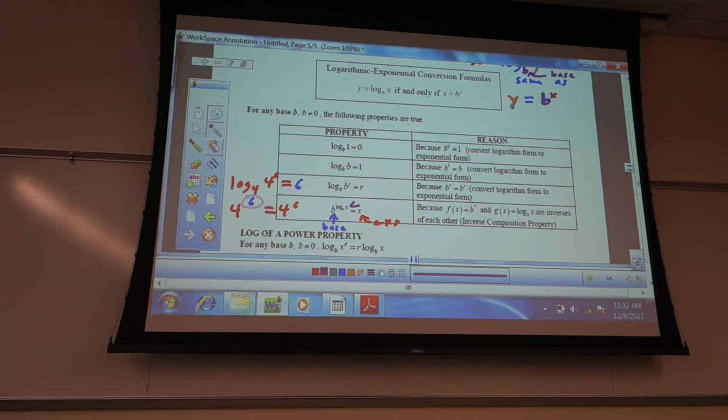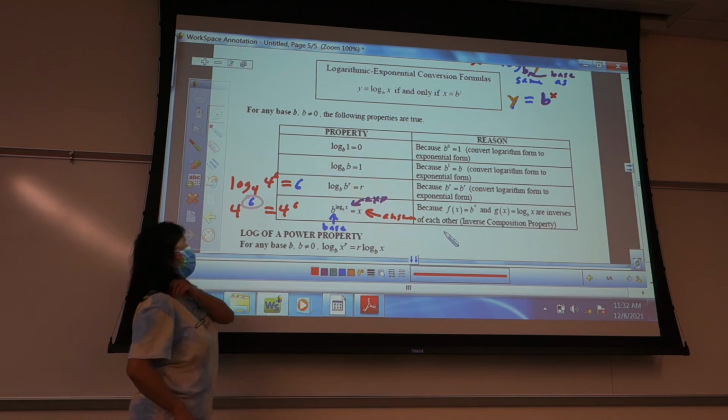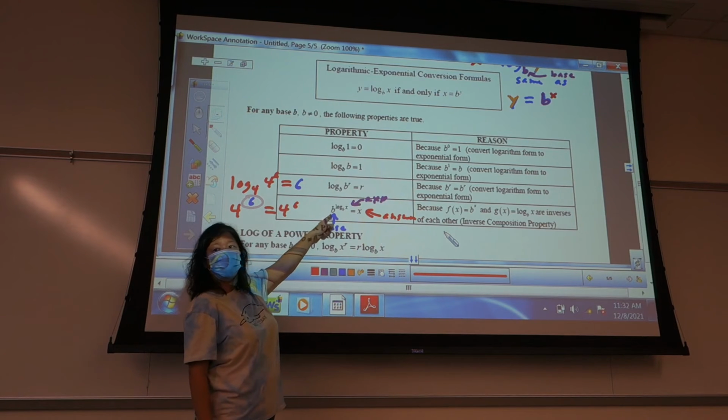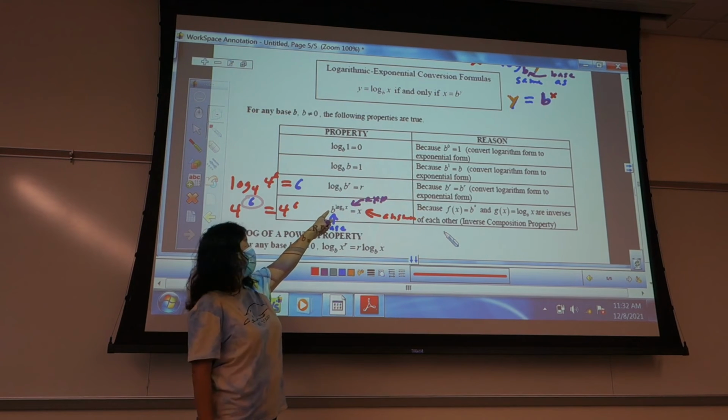Oh wait, that's not, that's my answer. This is my exponent. This is my answer. So if I rewrote this as a log, is everyone with me so far? This is my base, right?